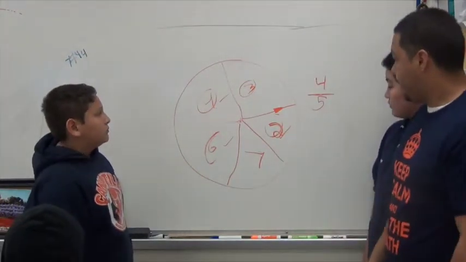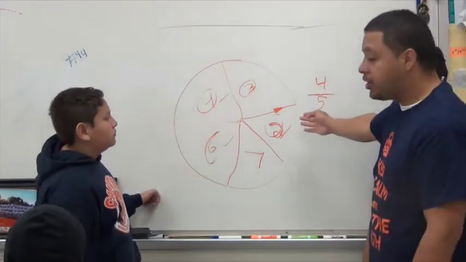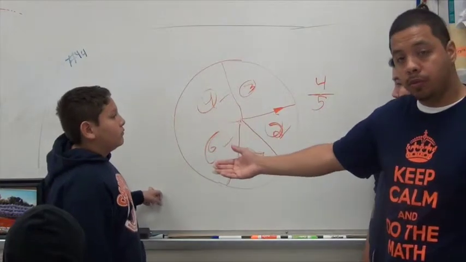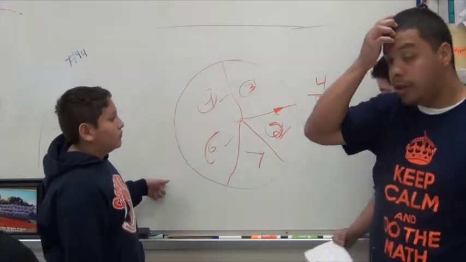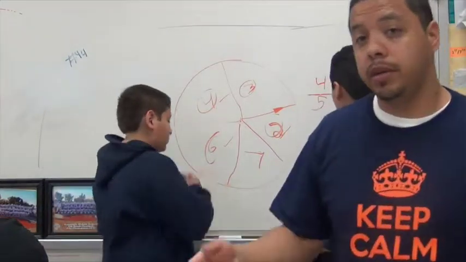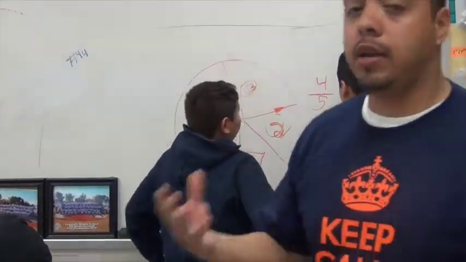And you can turn this fraction into a decimal, that decimal into a percent. In this case, Andrew's gonna go ahead and turn it into a decimal and then to a percent, okay? And you can do that with any other probabilities.